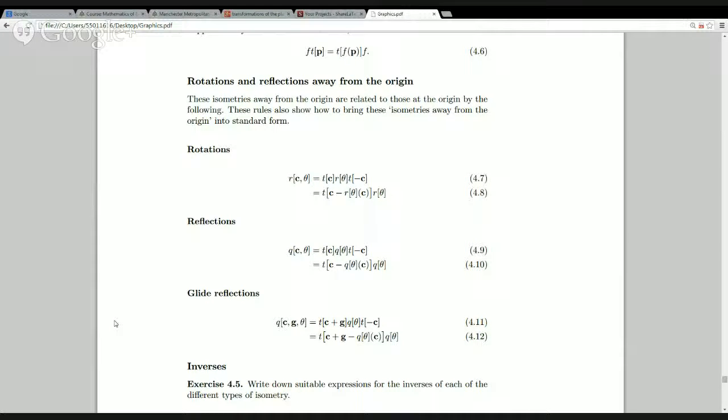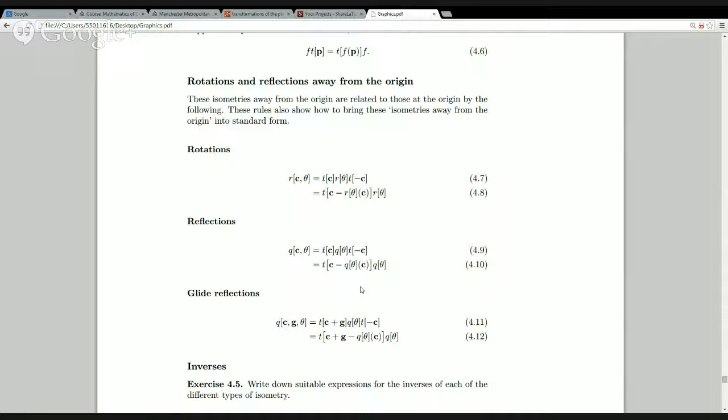It's reflection in the line through the origin with angle theta. That's this first part, Q of theta here, which is applied first. And then the translation, which you need to do to correct for the fact that C isn't at the origin, is just translating by the vector C minus Q theta Z.